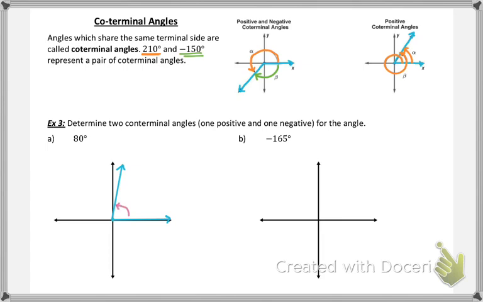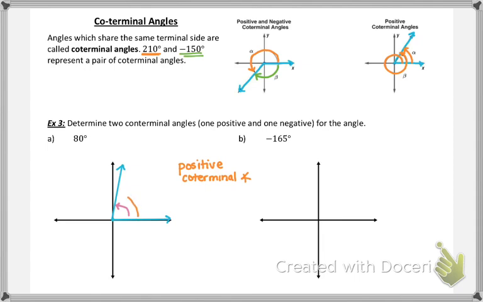That's the angle. Now, if I want to find a coterminal angle, one positive, one negative, let's start with the positive one. Positive angle means that I have to go counterclockwise as well.